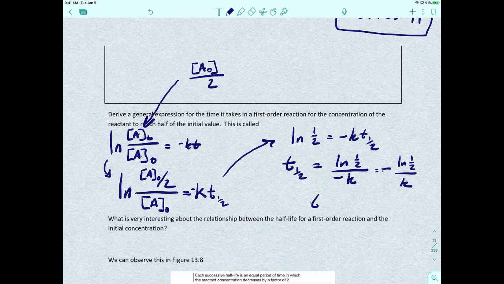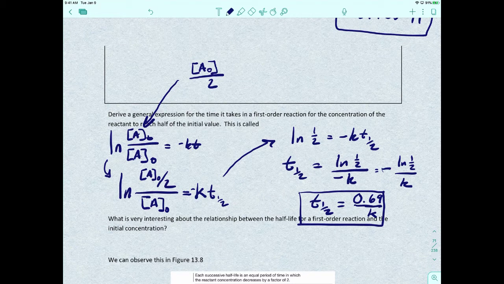That's actually going to give us a positive. So then we would get that the time to get to half the concentration would be equal to 0.69 divided by k.